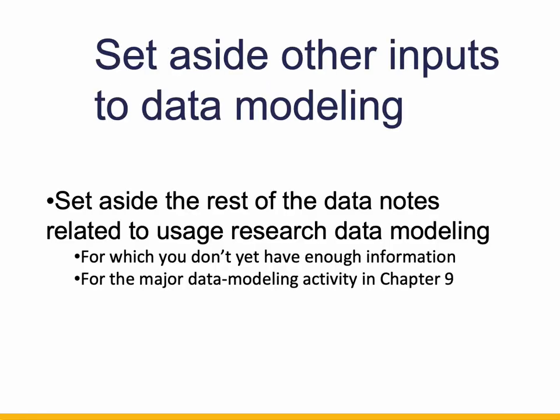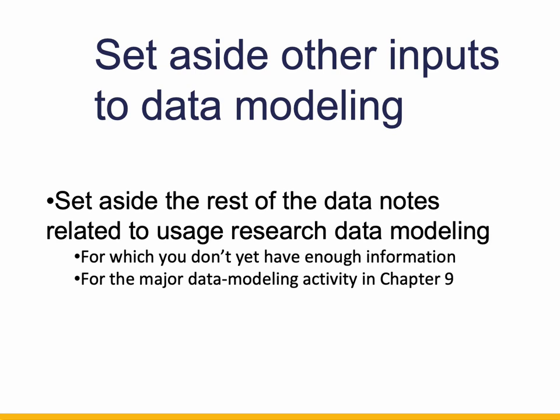It's important to know that we may be starting different models based on data points that don't apply to our original idea or model. And the word idea and modeling can be used interchangeably because we're so early in the wheel. It's important that if we don't have enough information for any of the data notes from our user research, that we set that aside, because we might be able to use it later, especially as it says here on the slide for the major data modeling activity in Chapter 9, which is next week, which is the hierarchical task inventory.